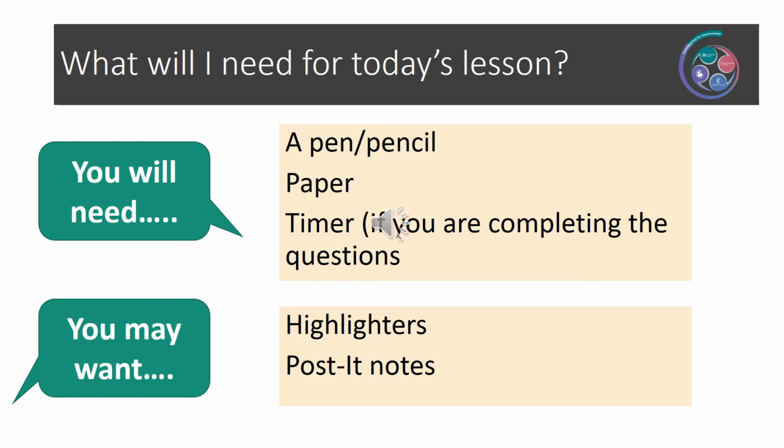Now you can use a watch or you could use a timer on your phone for this. What you may want to have available is highlighters and post-it notes. These can be quite useful for you, especially if you're going to be doing some source questions later on, and post-it notes can be very useful for you to write notes and ideas to yourself, or if you have any questions that you would like to be answered later.